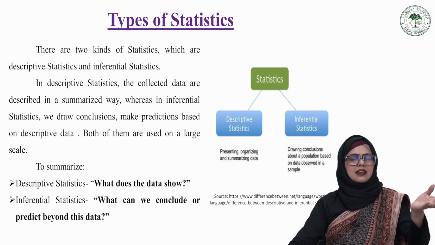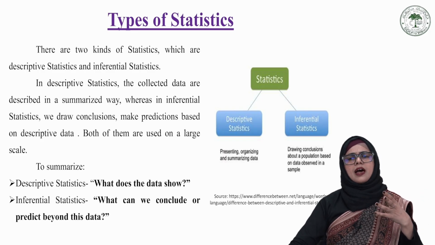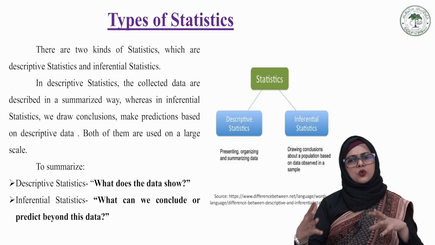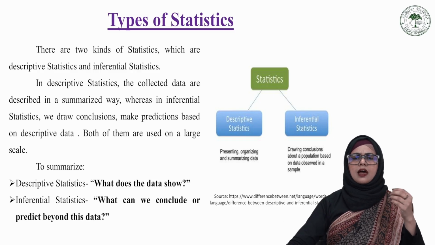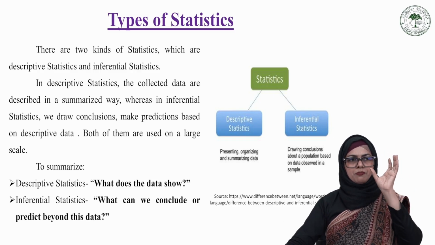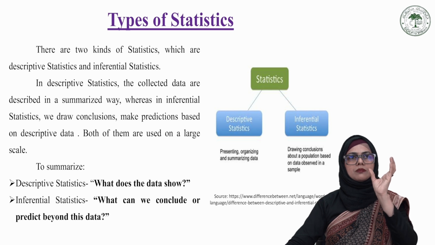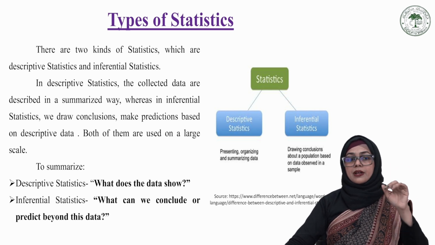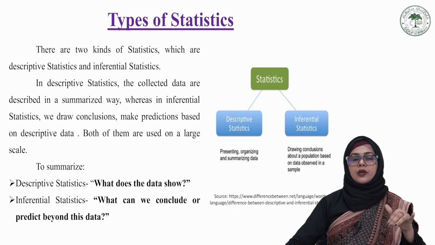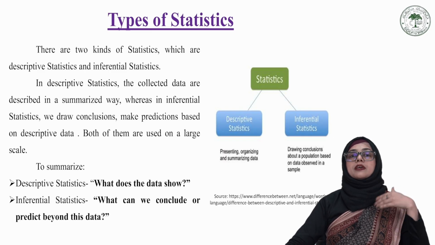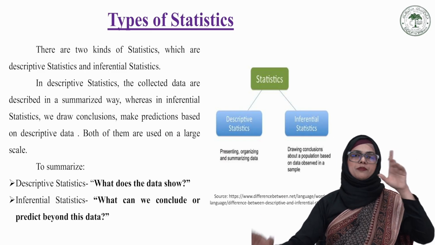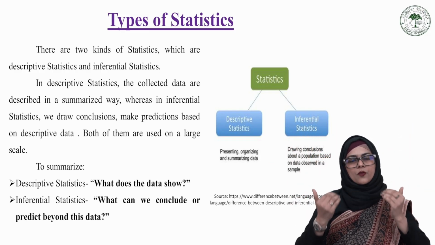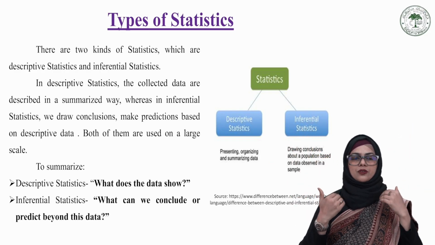So a teacher collects data from 50 students and calculates the mean, the high score, the low score, the standard deviation, and she plots a bar graph to illustrate the performance of that class. Whereas in inferential statistics, what are we doing? We are drawing conclusions and making predictions on the descriptive data. So whatever bar graph the teacher has displayed, now we are inferring information from it.